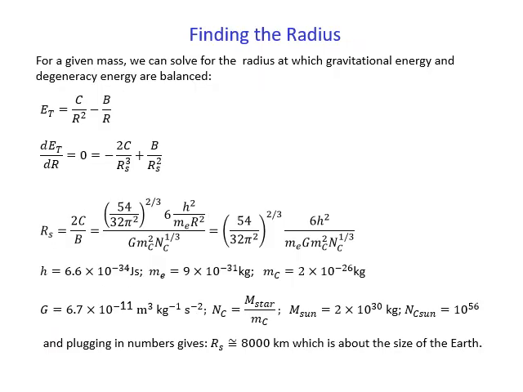The total energy of the system, as I said on the previous page, it's not the Fermi energy, but the total energy of the system is equal to the set of constants over r squared that we got due to degeneracy pressure, minus the potential energy due to the attraction of the mass to the core.